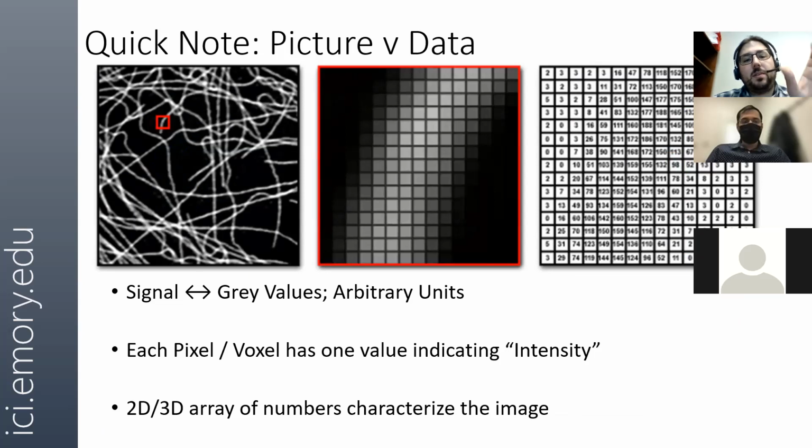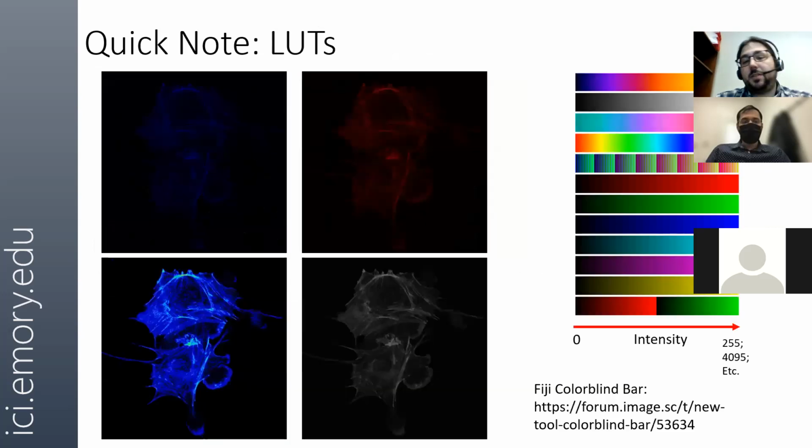just a quick note, any image you see is data. It's an array of pixel values, and the way that the image is stored by the computer is a pixel location and an intensity value for how much signal that pixel has. That's what data is. When you look at any kind of image, you're seeing grayscale values, intensities that have been partnered with an LUT.